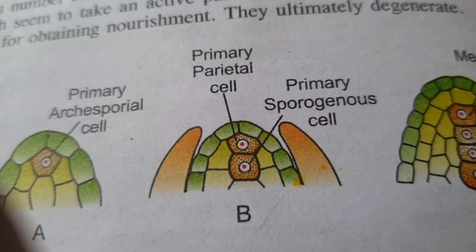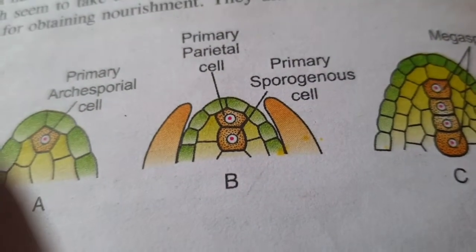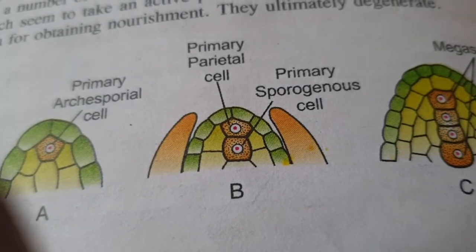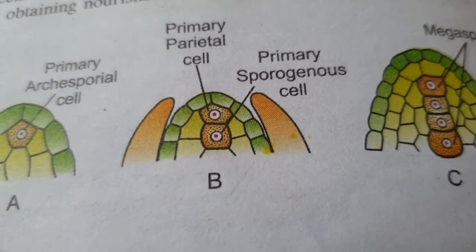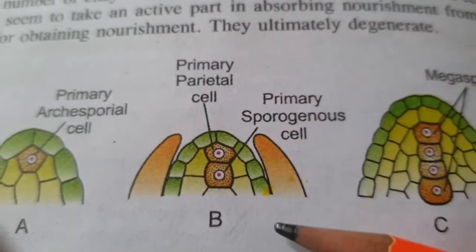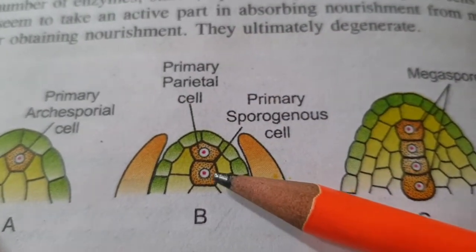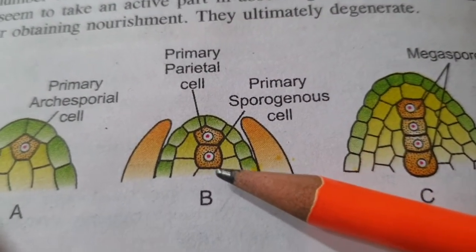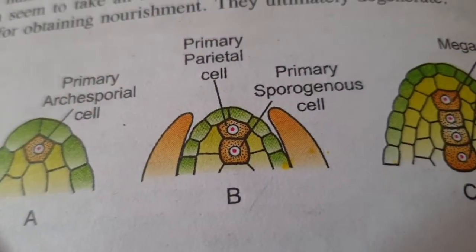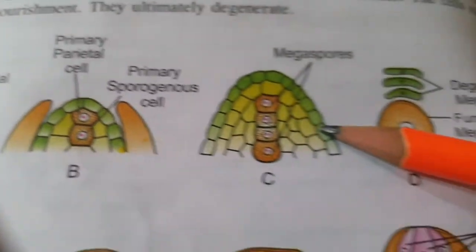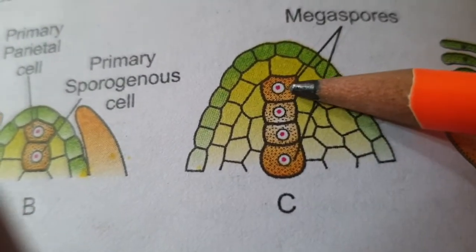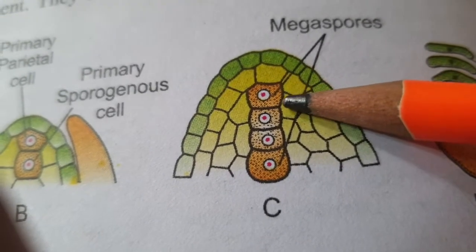Now unlike the microsporogenesis process, the primary parietal cell may divide once or more times, and the sporogenous cell directly behaves as the megaspore mother cell. Here no division takes place initially. After formation of the megaspore mother cell, it undergoes meiosis and forms 4 haploid cells.